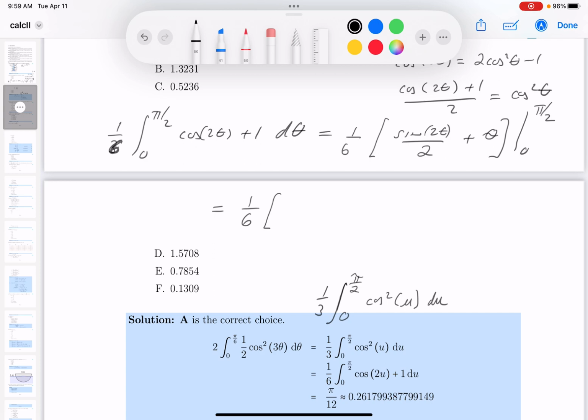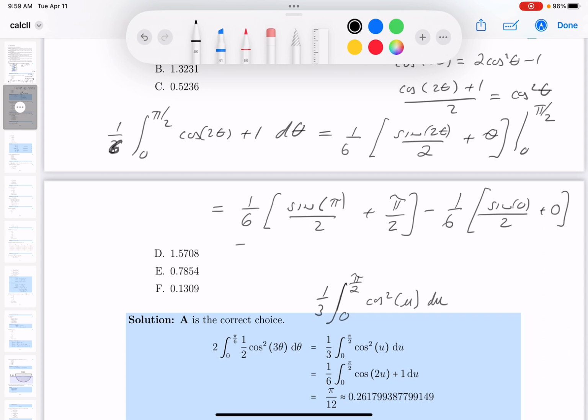Well, it's going to be sine of 2 times pi over 2, which is pi, over 2, plus pi over 2, minus 1/6. Let's see, 0. Well, sine is 0. I'll put this over here, because 2 times 0 is 0, over 2, plus 0. Whoops, that's a 0.